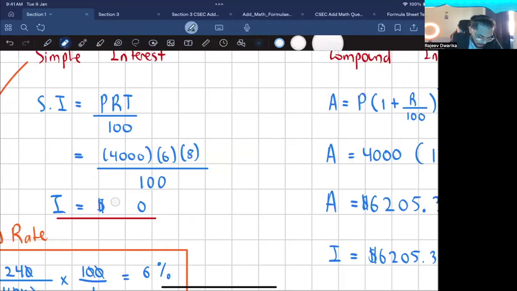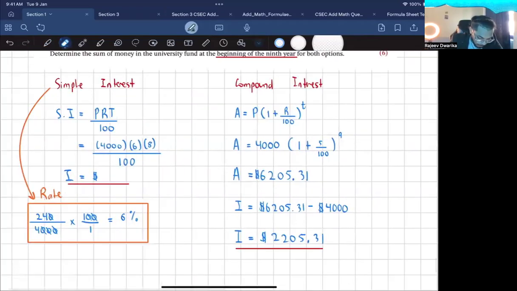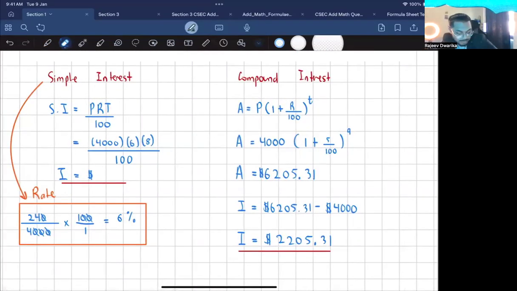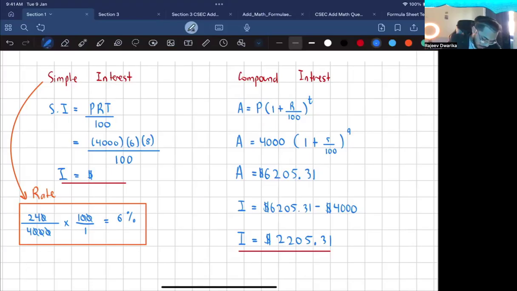If that's the case, tell me what you will get there. So 4,000 by 6 by 8 over 100. $1,920. Exactly, 1,920. And over here, it's supposed to be 8.